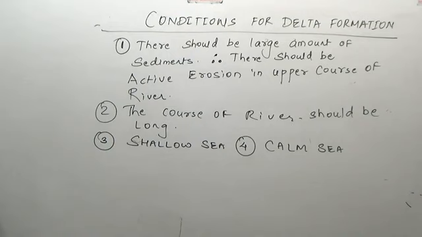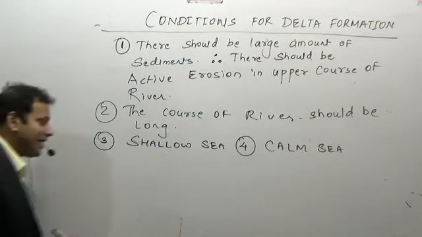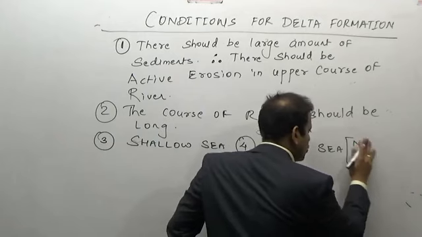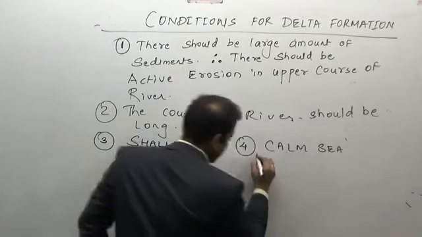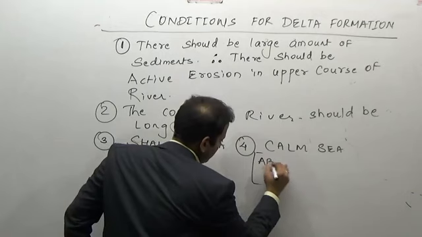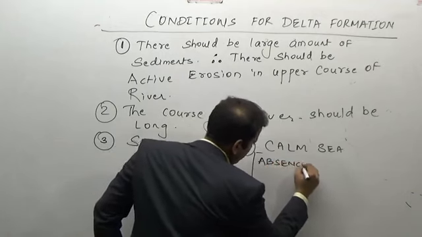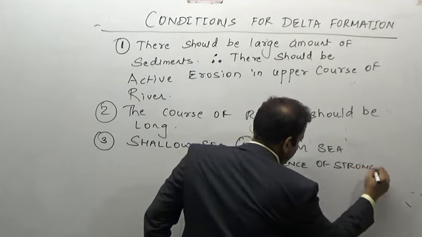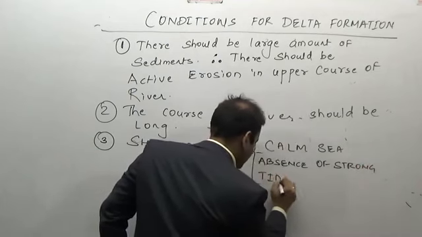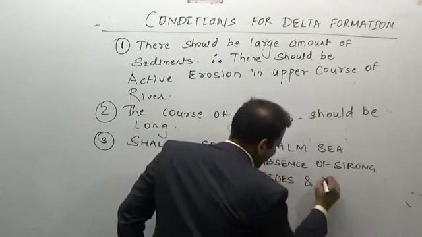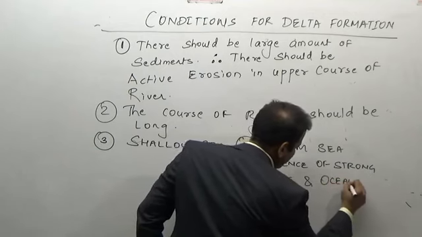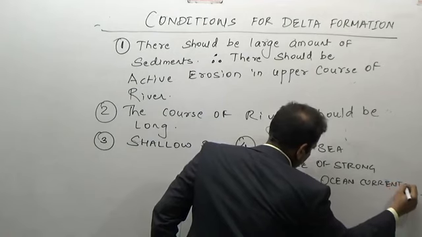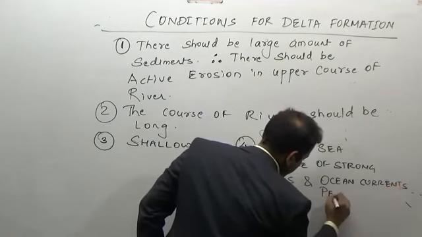Calm sea means there should not be strong currents at right angles. Calm sea means stronger tides should be absent. Absence of strong tides and ocean currents perpendicular to the coastline.